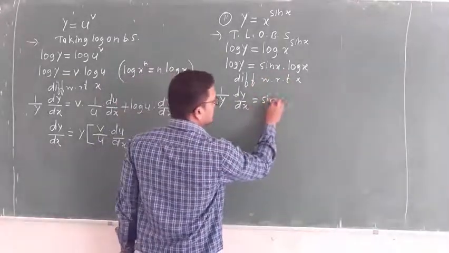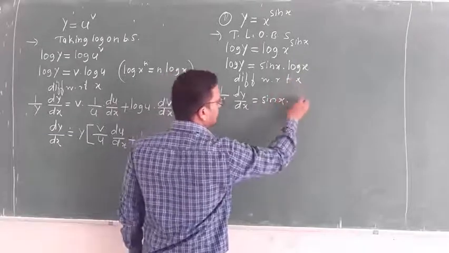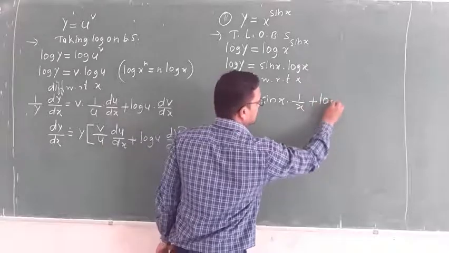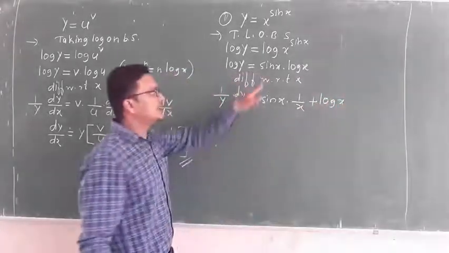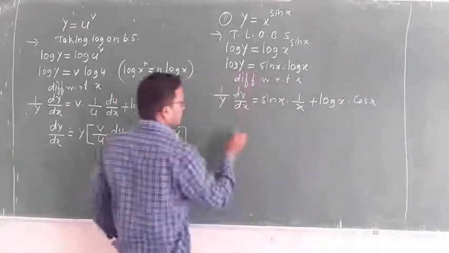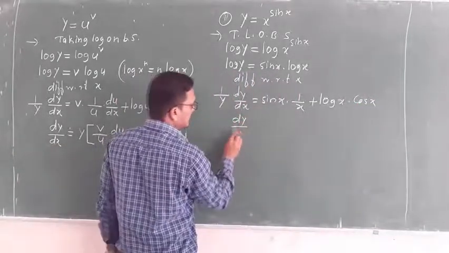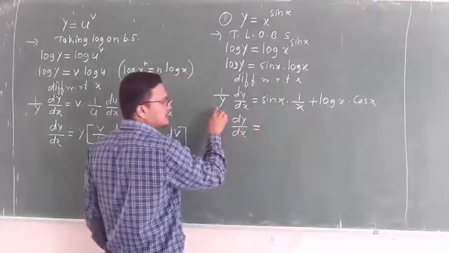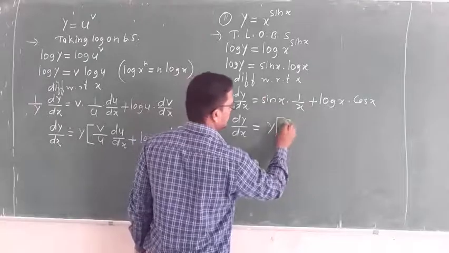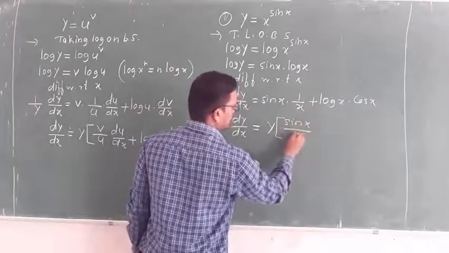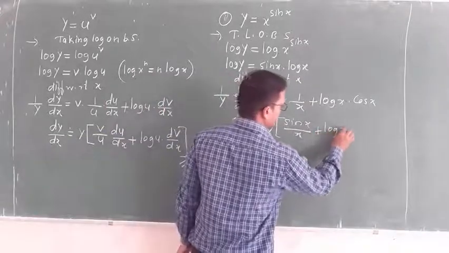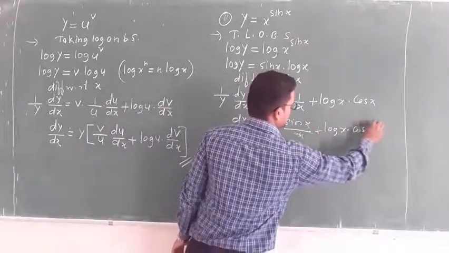First function constant into the derivative of log x, which is 1 by x, plus second function constant into the derivative of sin x, which is cos x. So dy by dx is equal to y, transferred here it multiplies: y into sin x divided by x plus log x into cos x.